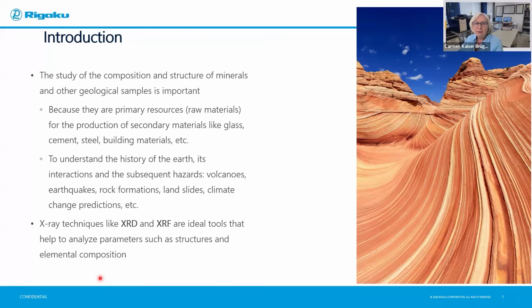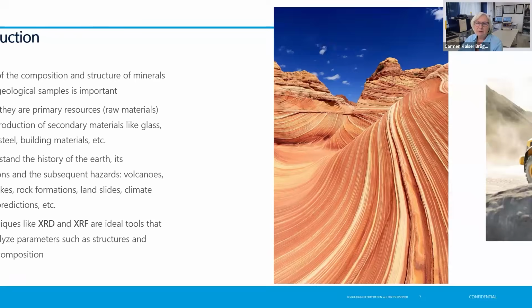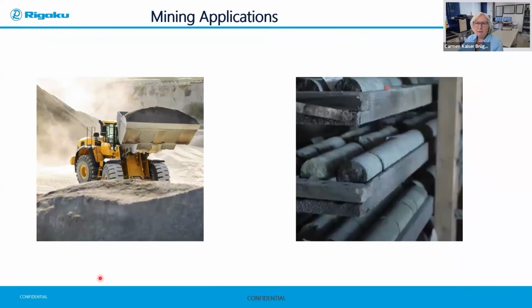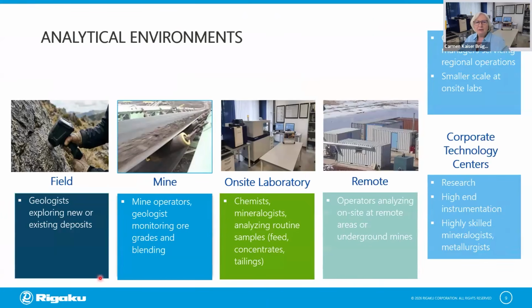So the primary resources or raw materials that are used in production facilities, like if you want to make glass or cement or steel or even building materials, we need to do mining in order to get the raw materials. And therefore, these X-ray techniques are very useful. So if I give you some examples of the analytical requirements for mining applications, you can see they can be summarized here.